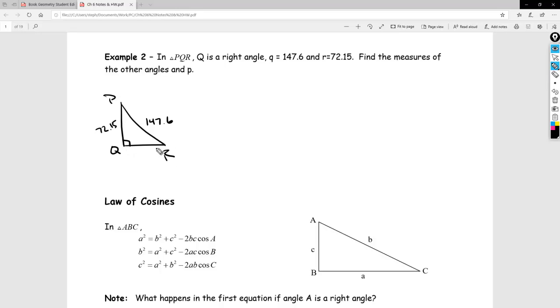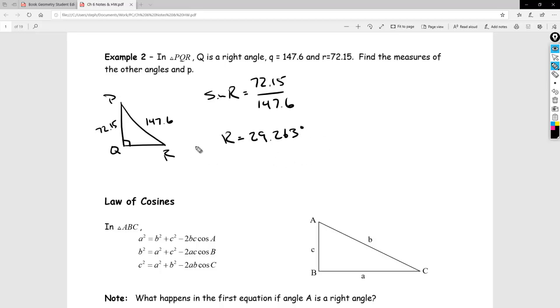Because again, you can just solve for QR using the Pythagorean theorem, but I'm going to go ahead and solve for R first. So I know that sine of R is 72.15 over 147.6, and then we're going to use arc sine in our calculators, and we end up getting that R is 29.263 degrees.